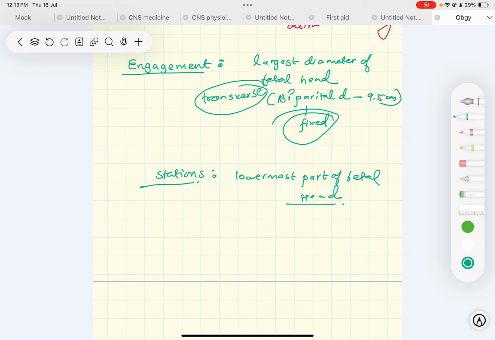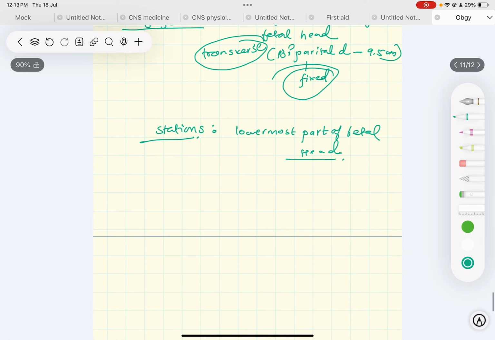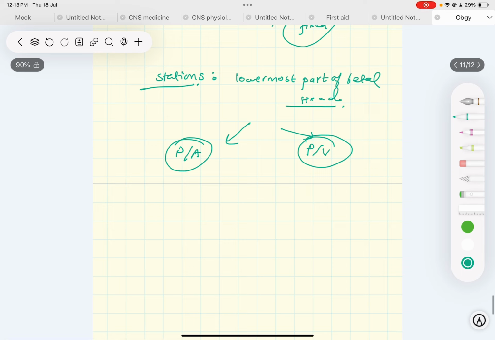So how can we check if the head is engaged or not? We can do PA examination and PV examination.